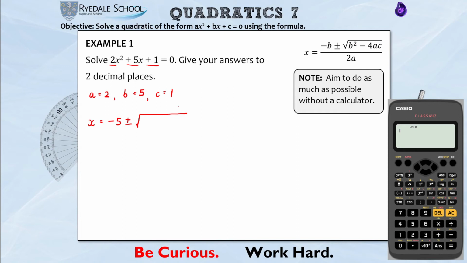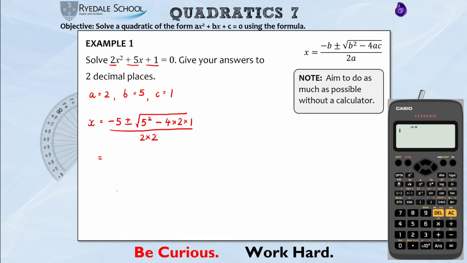We now have b squared, 5 squared, minus 4ac. Well, let's remember 4ac means 4 times a, 2 times c, 1. All divided by 2a, which is 2 times 2.